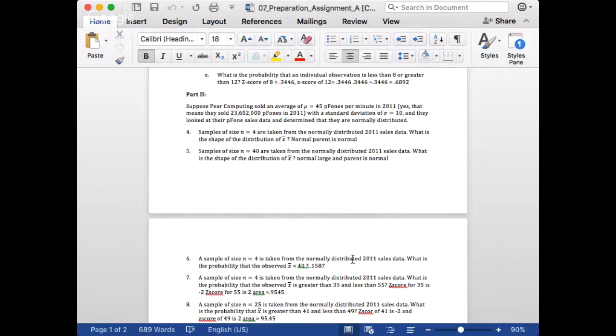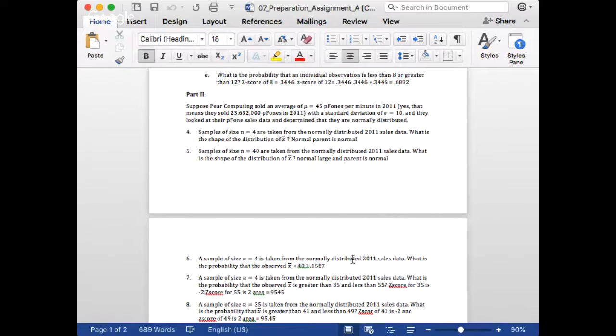So it's 40 minus 45 divided by 10 over the square root of 4. It's almost like the formula we did; the only extra thing is that square root.